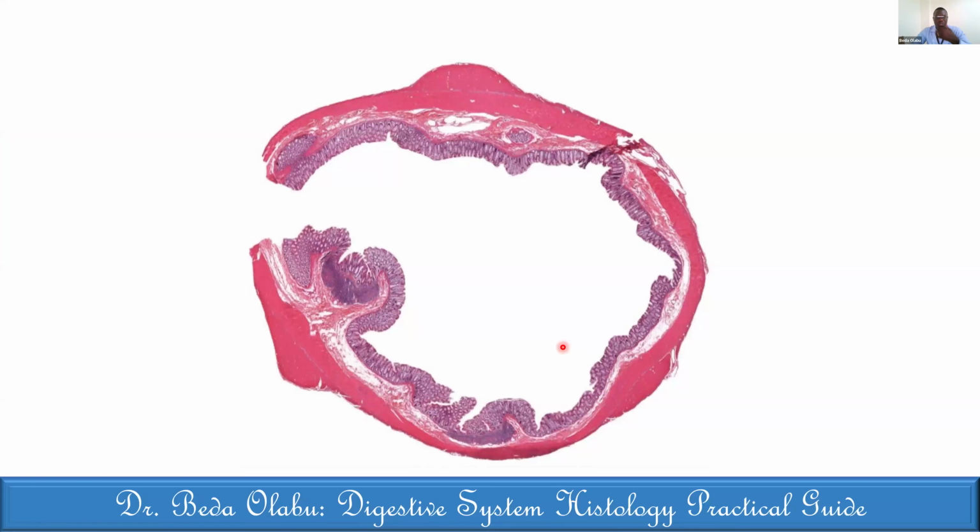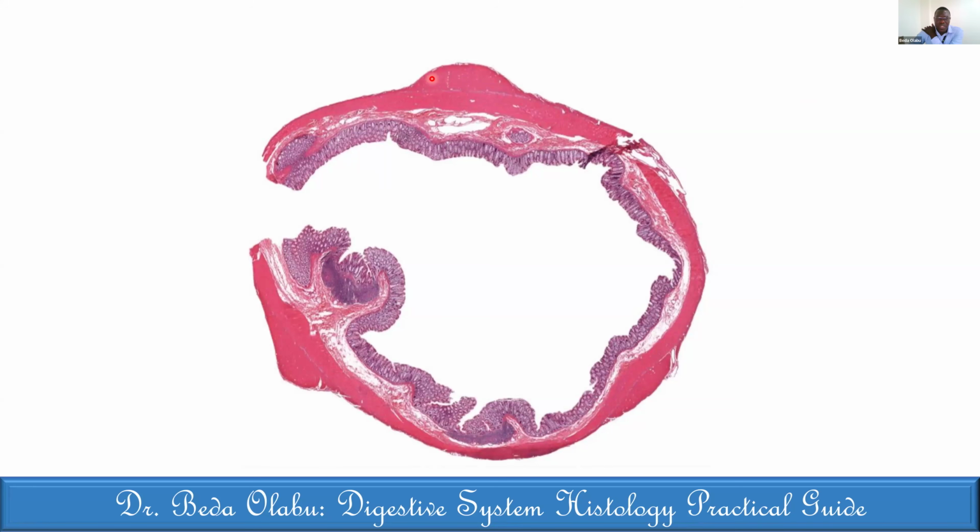Now let's go to large intestine. I'm projecting for you a slide of the colon. Somebody tell me one reason why this is colon. Yes, the presence of the tinea coli, the three bands of longitudinal muscle, where you can see.